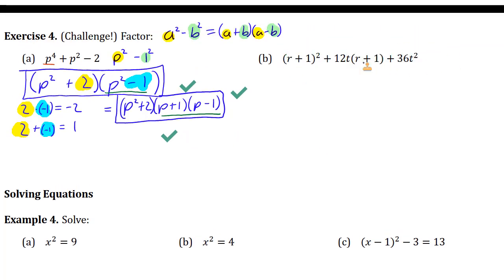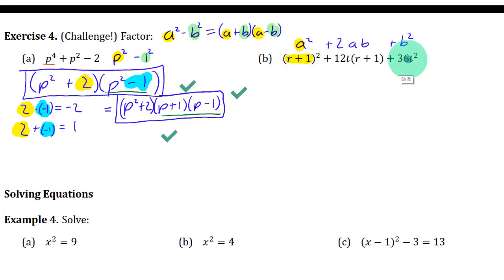The trick with this one is this looks like a squared, or sorry, we were calling it x and r. Well, I'm going to call it a and b. Okay, so a squared plus 2 times a times b plus b squared. So the a in this case is r plus 1.